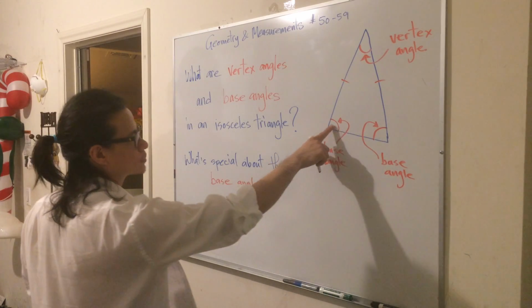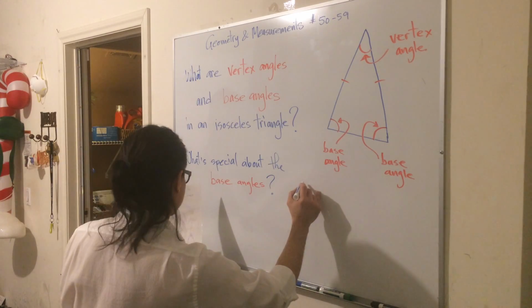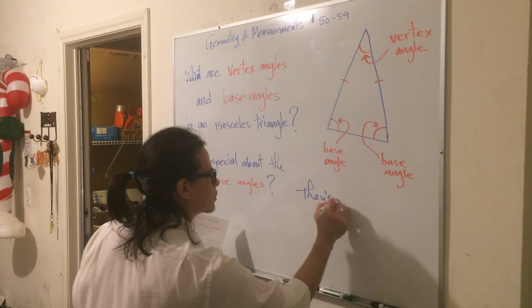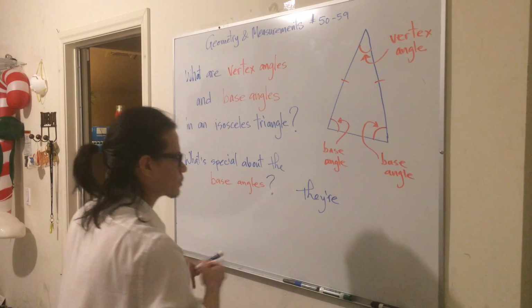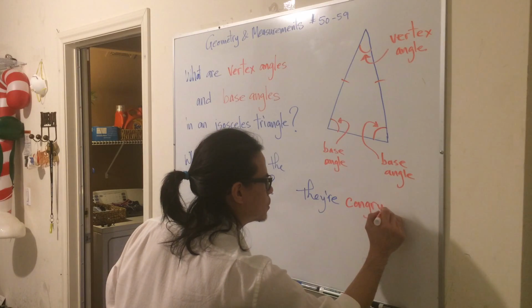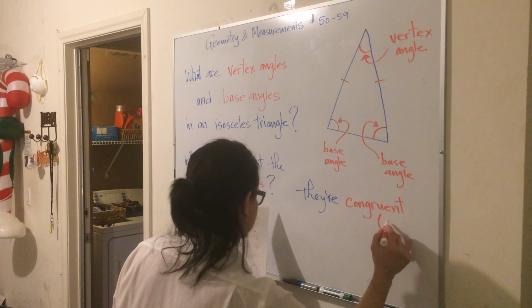Okay, these two guys are the same. So base angles are congruent. So we'll say they are congruent. Again, congruent means they're equal.